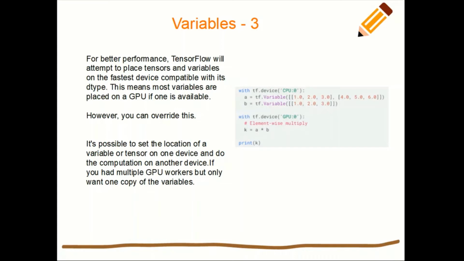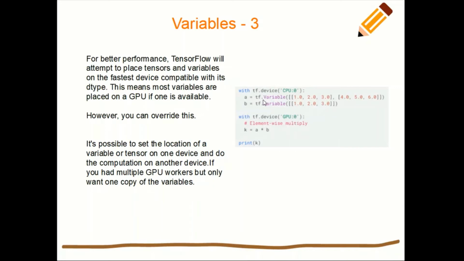So what we do is we say something like with tf.device and we give the device name, say something like CPU 0, CPU 1, 2, 3, whatever is available on that particular machine, and we can also select the GPUs, right?